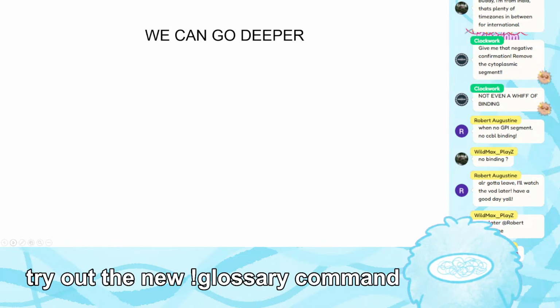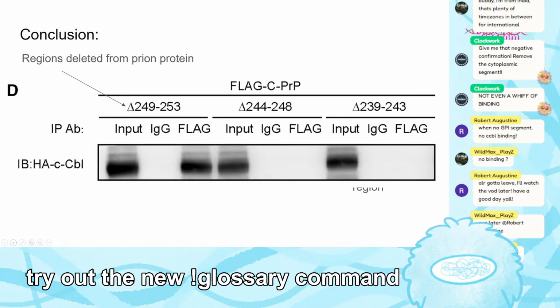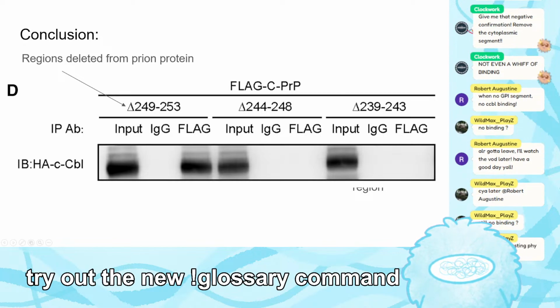We can go deeper and get even finer detail as to how this interaction happens. I think this blot is fantastic. This is such an interesting blot. Now we have a blot that has different deletions of the prion protein, specifically these residues. These are specific deletions. If you've never seen these before, the delta means deleted.